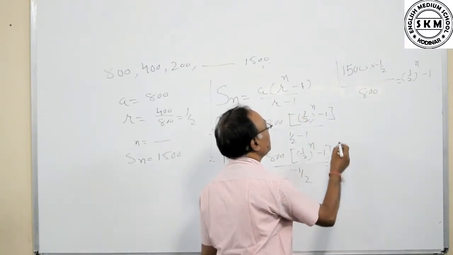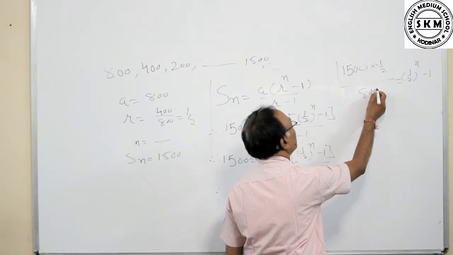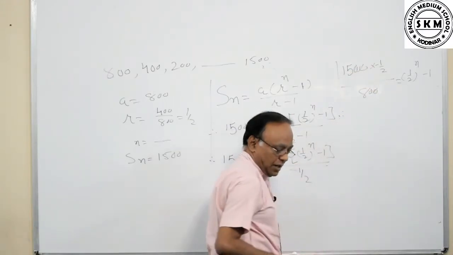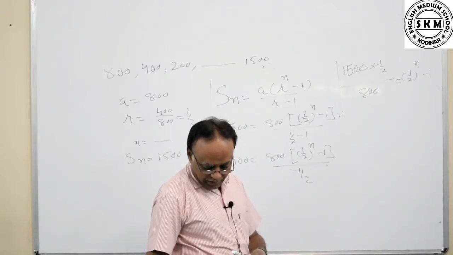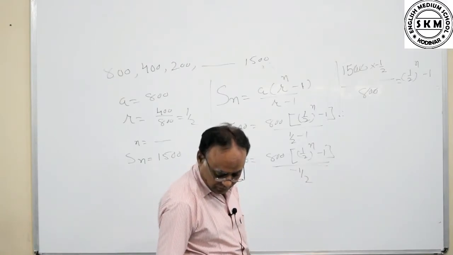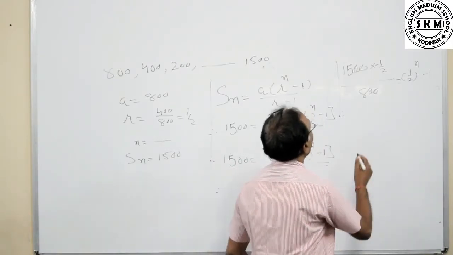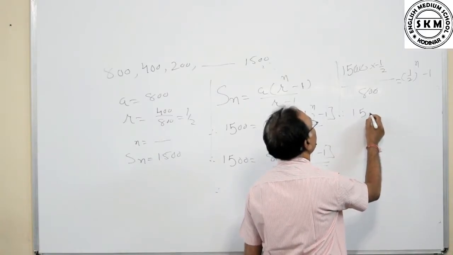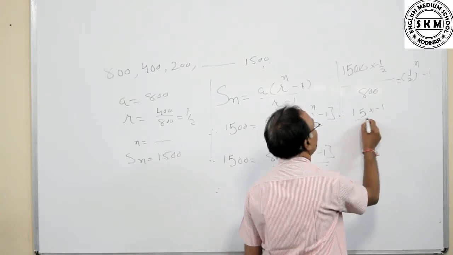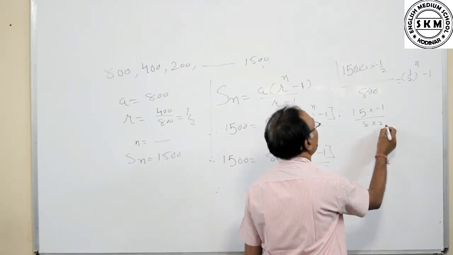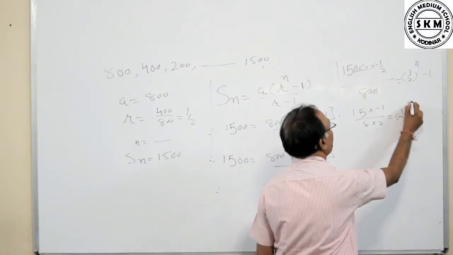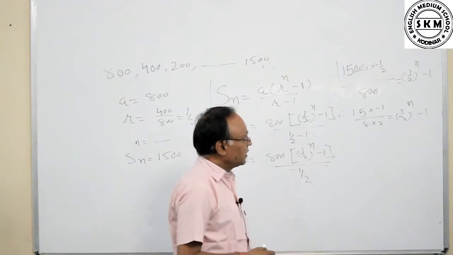Now simplification, the zeros cancel. Therefore, 1500 multiplied by minus 1 upon 8 into 2 is equal to half raised to n minus 1.